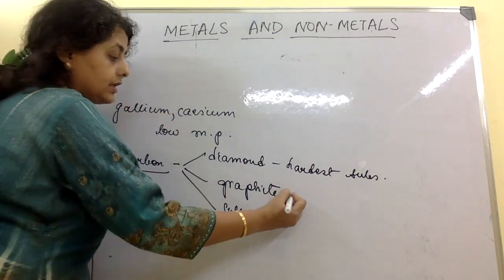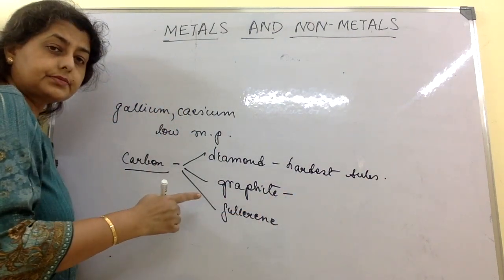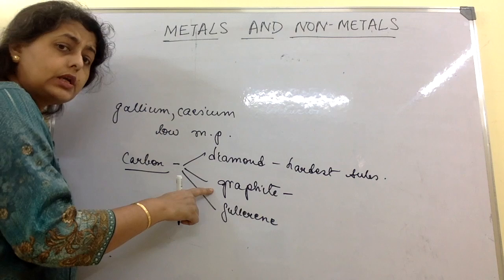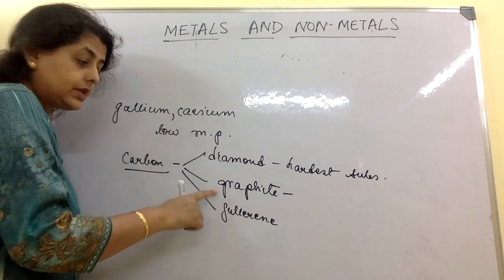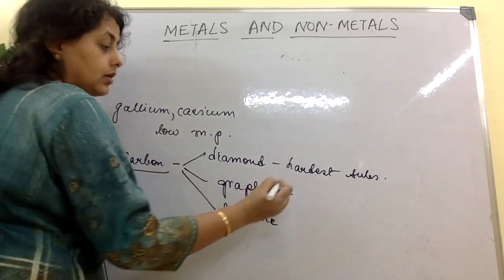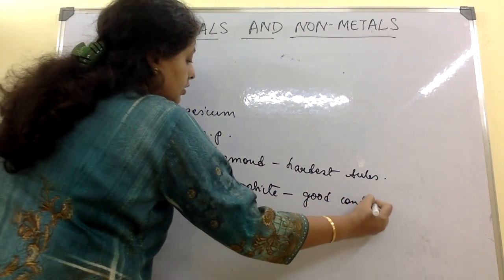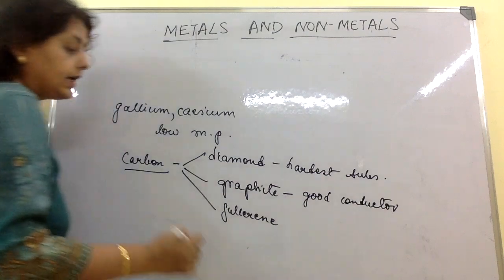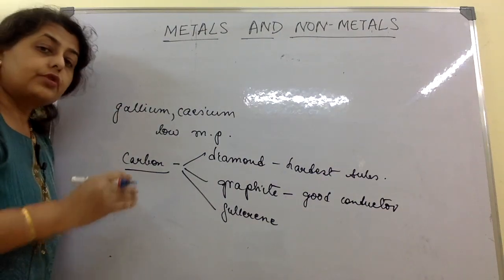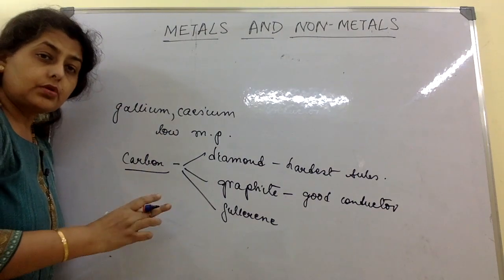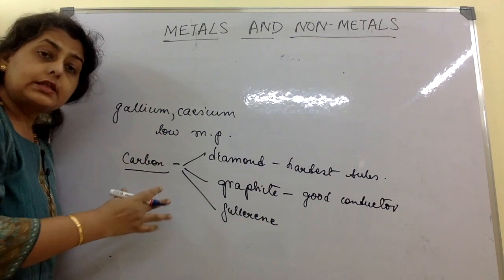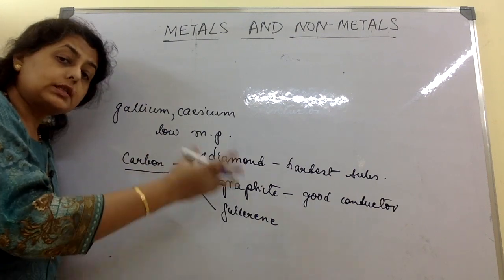Now graphite is a good conductor of electricity, and then comes fullerene. If you talk about graphite, graphite, despite being a non-metal, is still a good conductor.